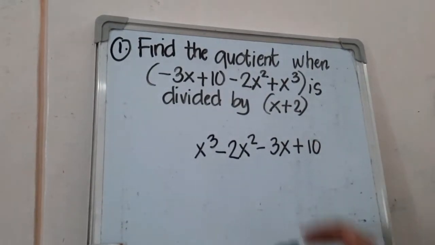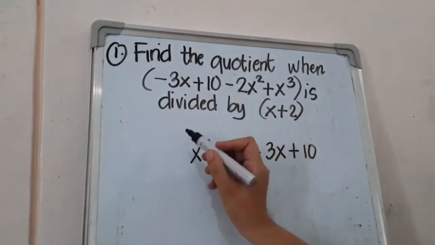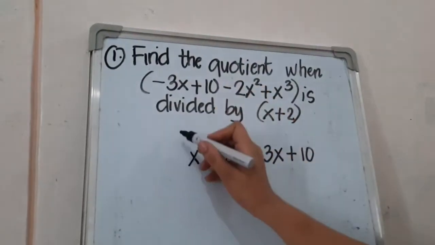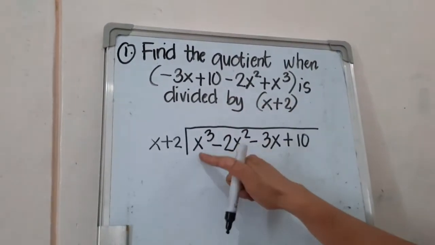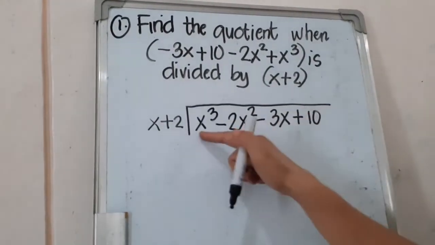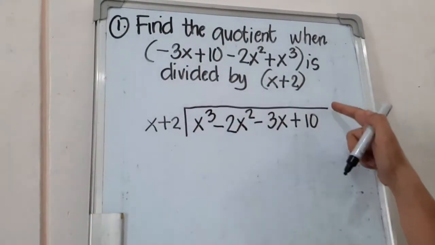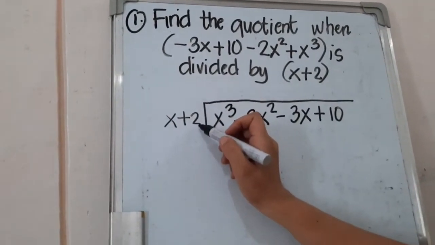Very good. Since this is a quotient and we are going to divide, if you remember your elementary days, you're going to use the division symbol. This x cubed minus 2x squared minus 3x plus 10 is our dividend, inside our division symbol, and x plus 2 is our divisor.